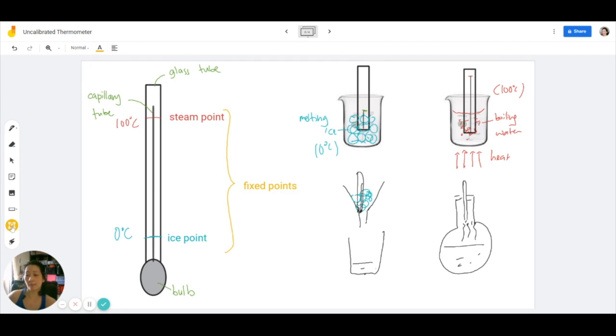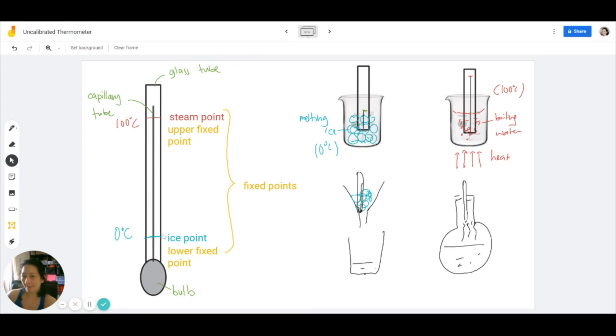Sometimes we don't call them ice point and steam point. This is also known as the lower fixed point. Let me just move this out of the way. And the steam point, obviously, would be known as the upper fixed point. So these are just names or terms given to the points that would help us obtain the calibration of the thermometer.